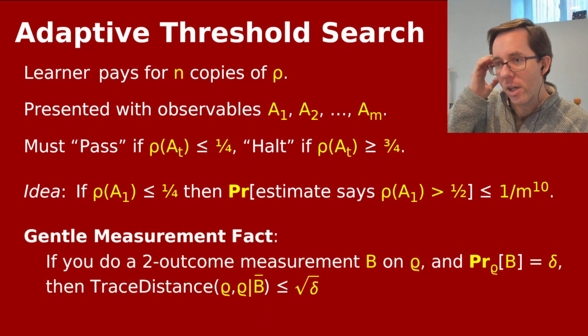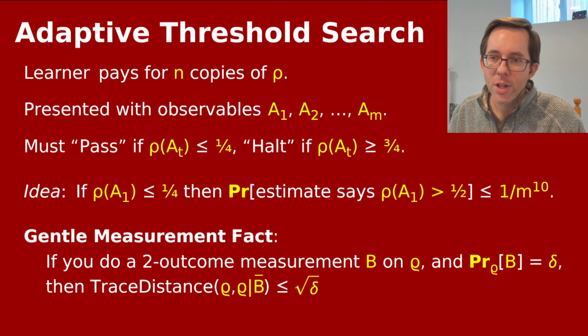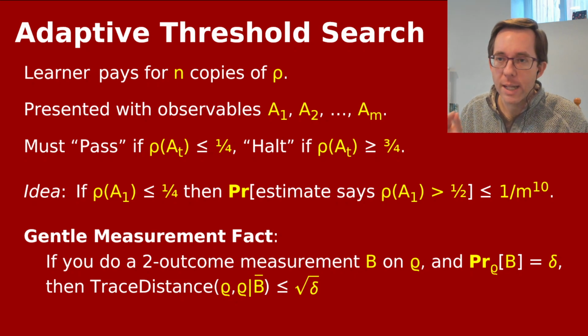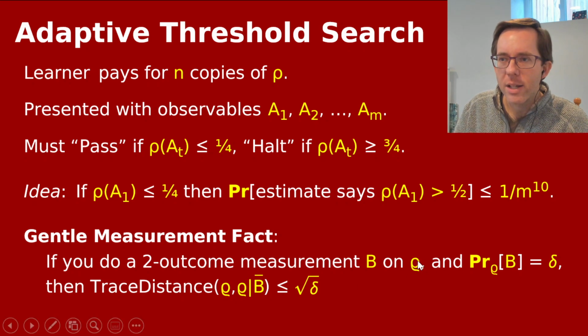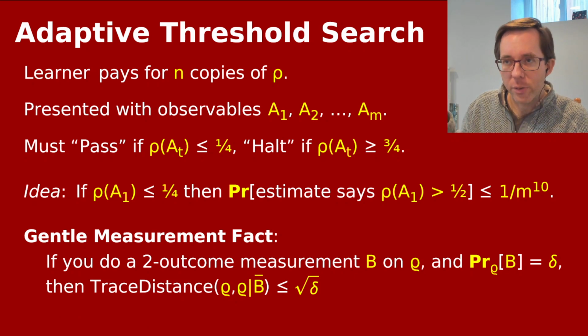So this looks pretty good, especially when it's combined with this other fact that I've put up, the gentle measurement fact. The gentle measurement fact is a phenomenon that's very important and basic in quantum information processing. It says the following: if you have any state, and I wrote it as curly rho because we're imagining applying it to n copies of the real state rho.